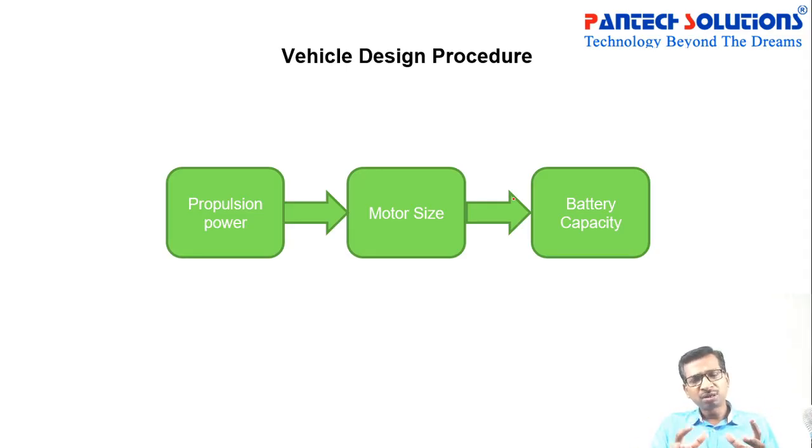Once you have these details, you can go for the motor size, because from this total weight only we can decide which motor and what range we have to use. Once you know the motor size, you can select the battery capacity. Once you have decided the battery capacity, you can go for the charger. So the design cycle comes to an end.